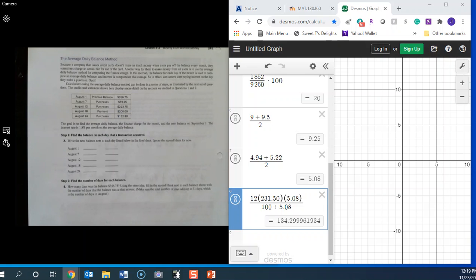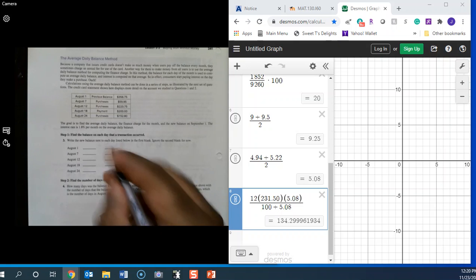The goal is to find the average daily balance, the finance charge for the month, and the new balance on September 1st. The interest rate is 1.8% per month on the average daily balance. Okay, first of all, it says write the new balance next to each day listed below in the first blank. Ignore the second blank for now.